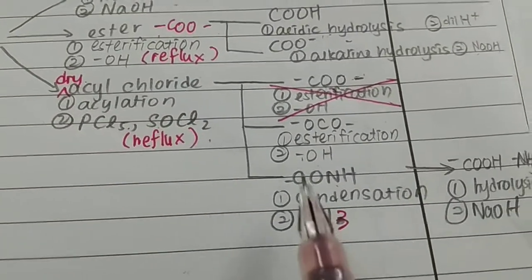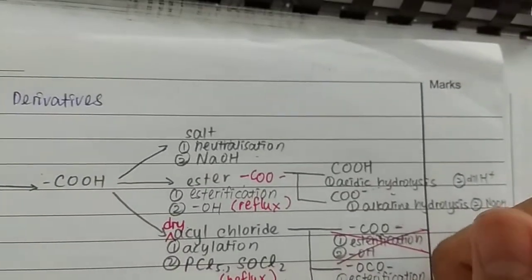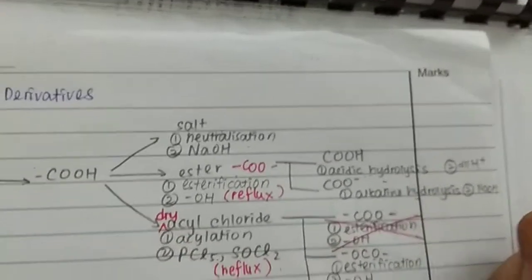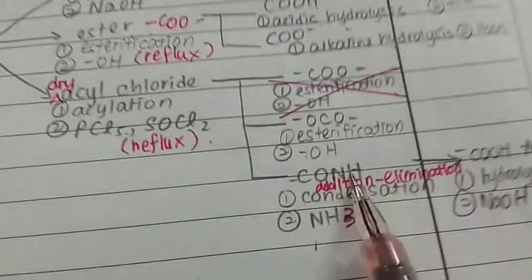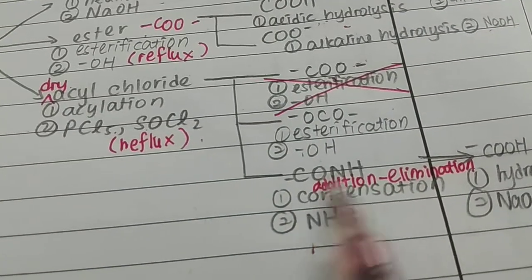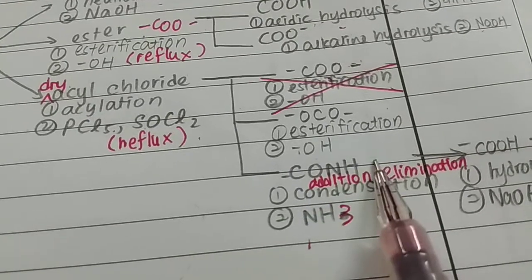These two undergo condensation, or you can say addition-elimination, and give amide, C=O with NH.